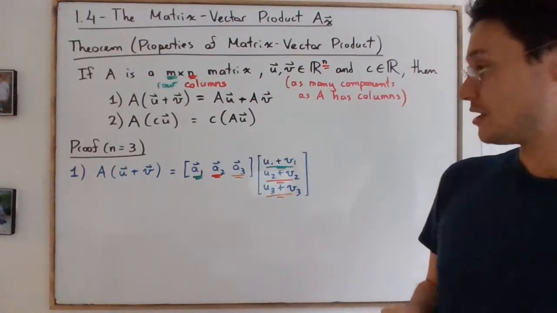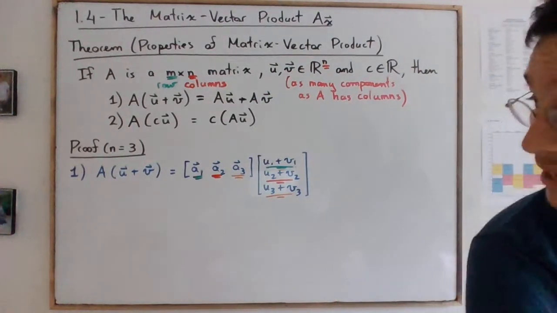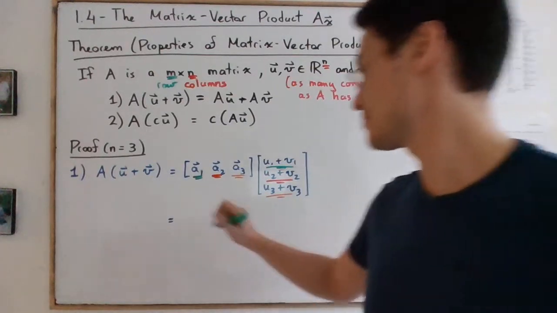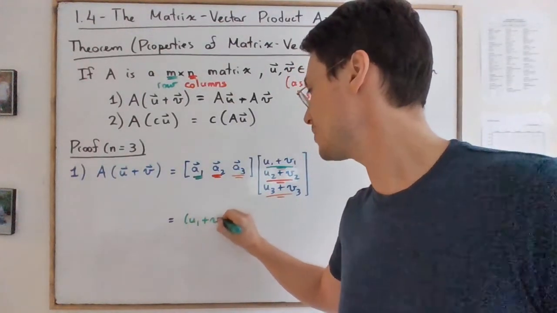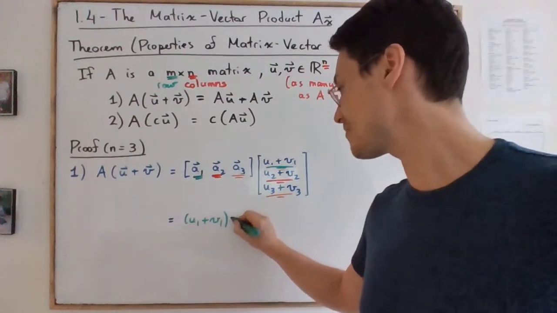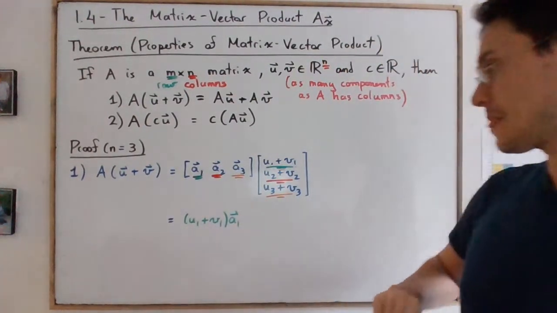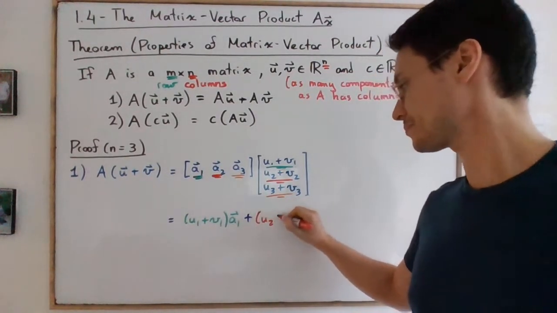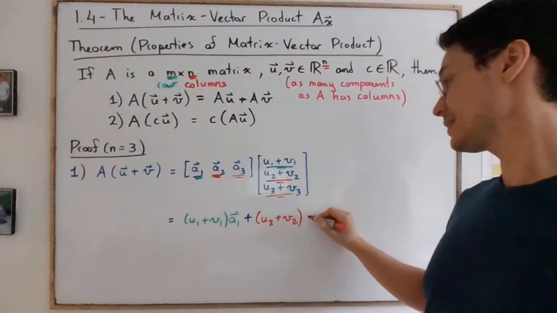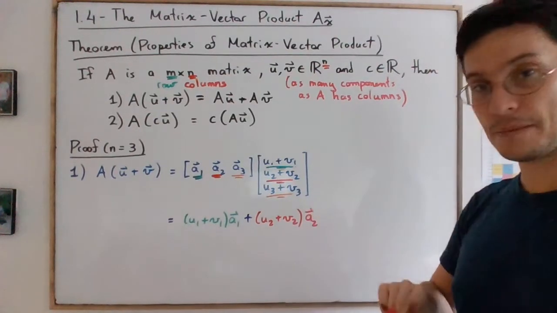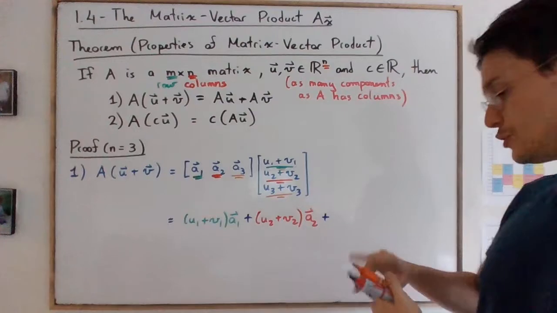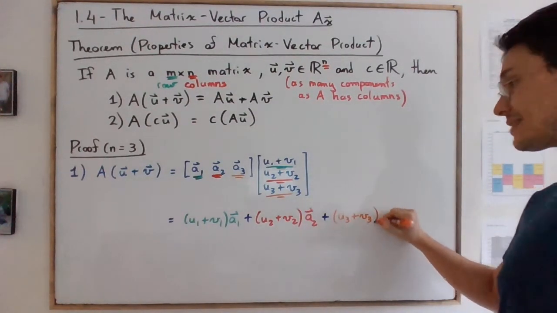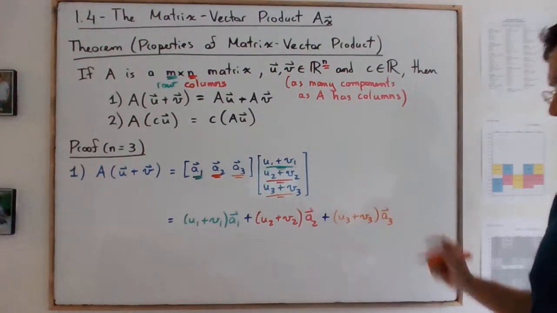In other words, the matrix vector multiplication is going to be the linear combination using these weights: u1 plus v1 multiplied by the vector a1, plus u2 plus v2 times the vector a2, plus u3 plus v3 times the vector a3.